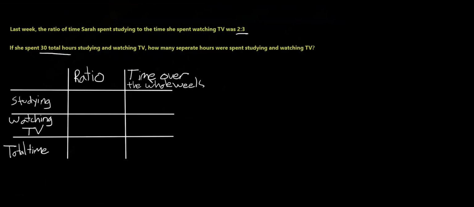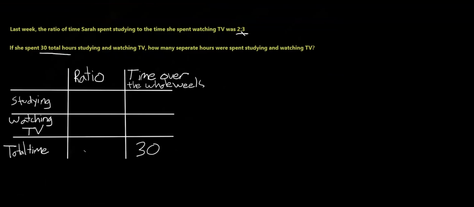So this table asks us to give the whole time she spent studying, the entire time she spent watching TV, and the entire time combined, which is given up here. So we can go ahead and write that this was 30 hours she spent watching TV and studying. The other part of the table wants us to write the ratio and the total time that the ratio gives.